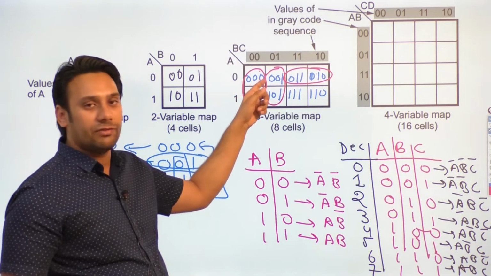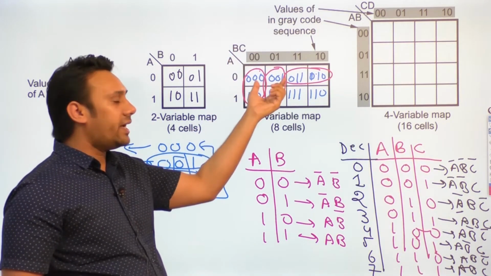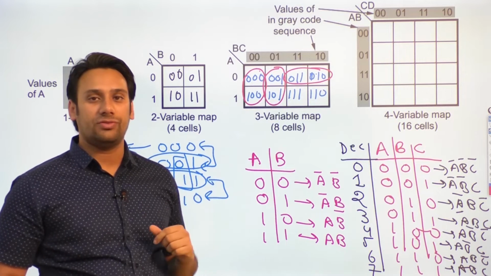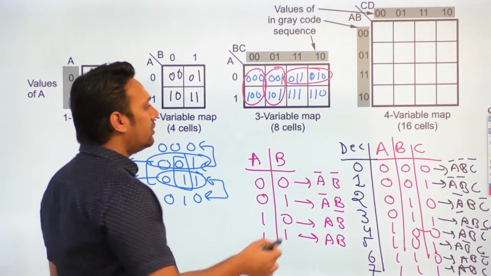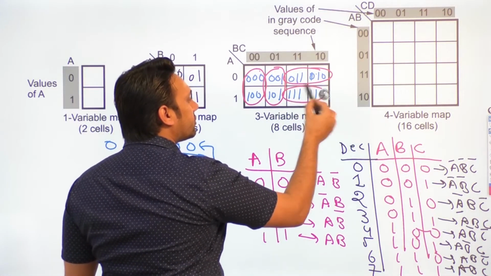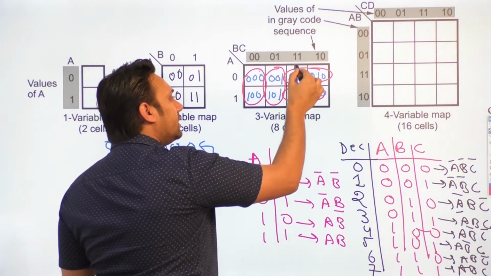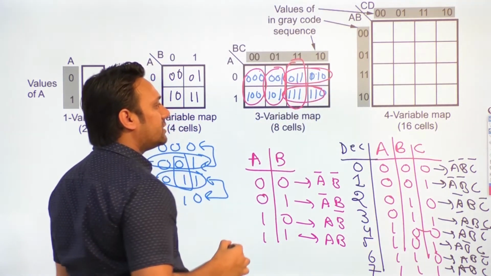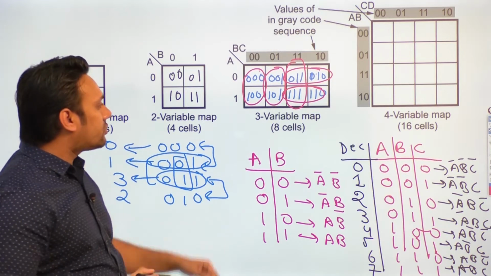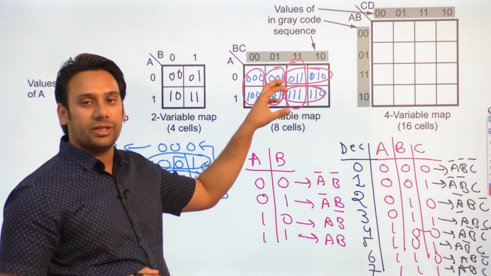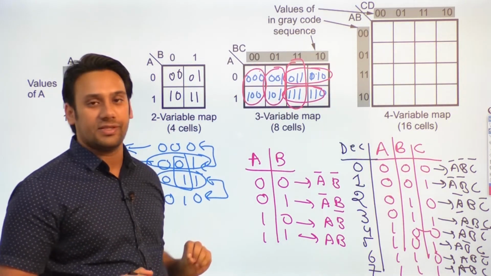So whenever we have a row and whenever we have a column, any two adjacent cells are having a change of only one bit. And this adjacent cell is also having a change of one bit. Even these two adjacent cells are having a change of only one bit. So that is why we use gray code here to represent the K-map.